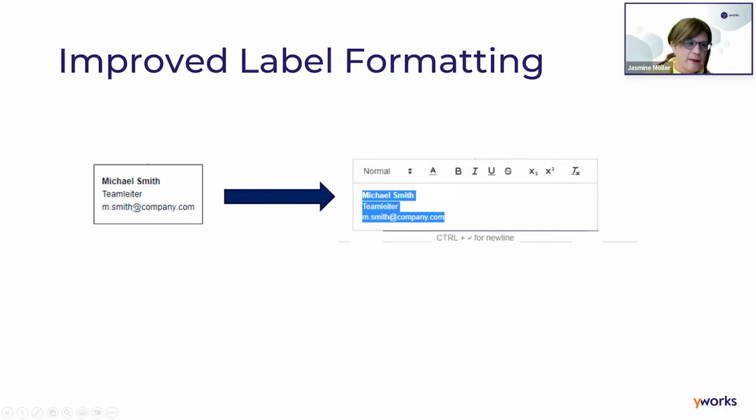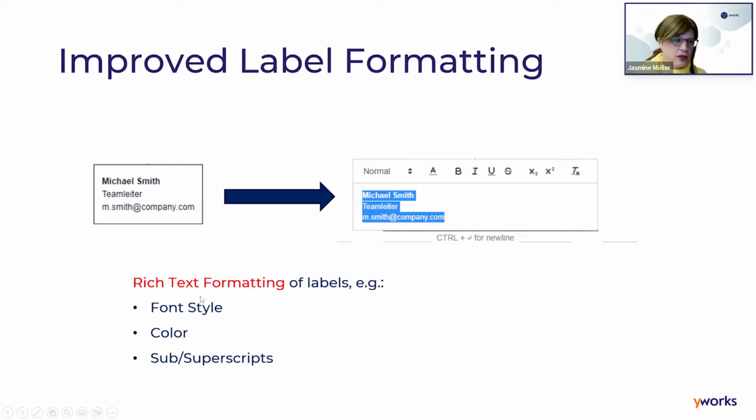Now you can create this as a single label and format the individual parts of it. We support a bunch of formatting options: you can set a font style, colors, superscripts, underline. Probably not everything imaginable, but still a huge subset of formatting options. I'm going to show this in action.